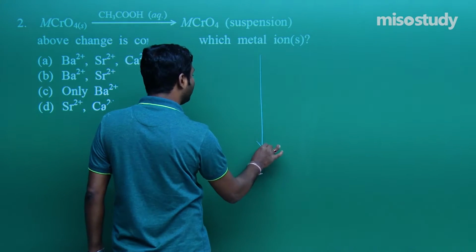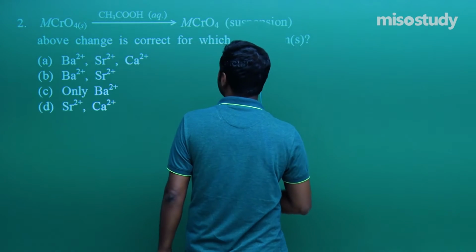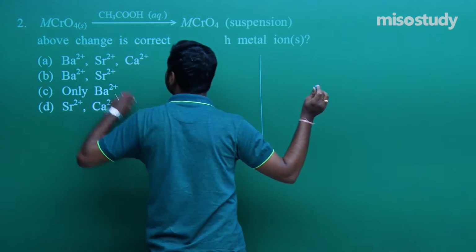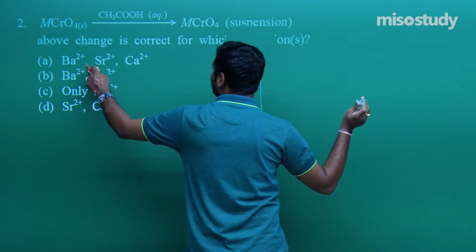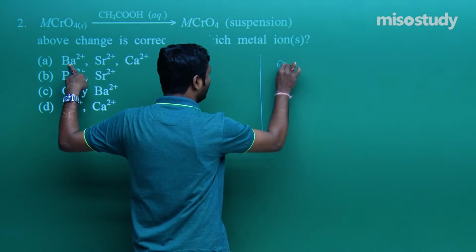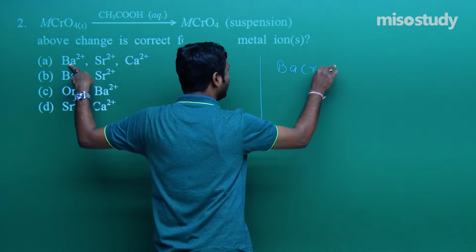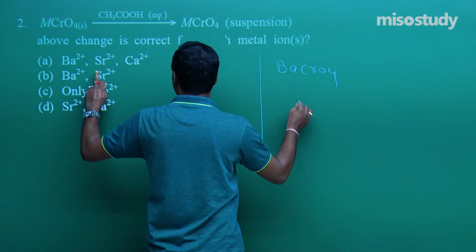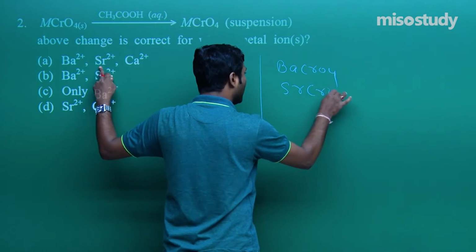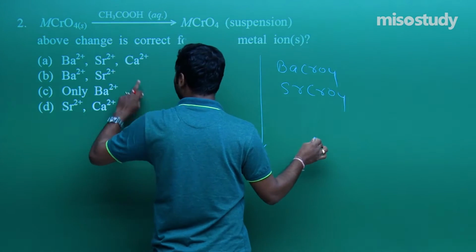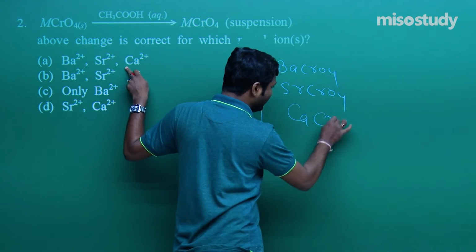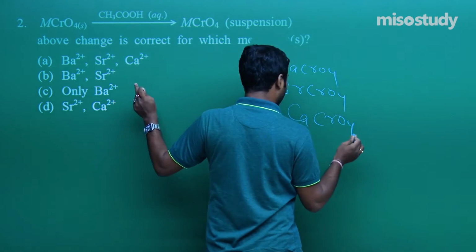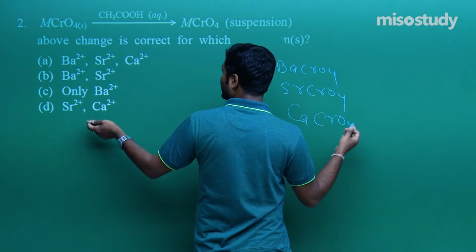If we move down the group, the solubility of the chromate decreases. Now if I talk about barium, we write BaCrO4, strontium SrCrO4, then calcium, CaCrO4.